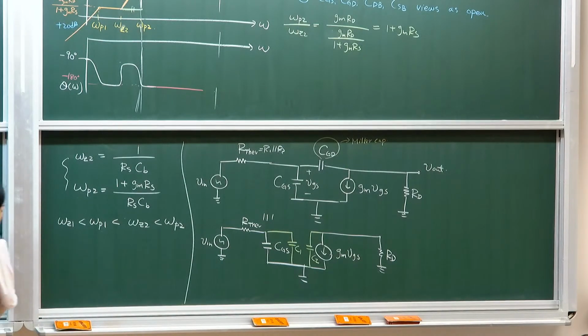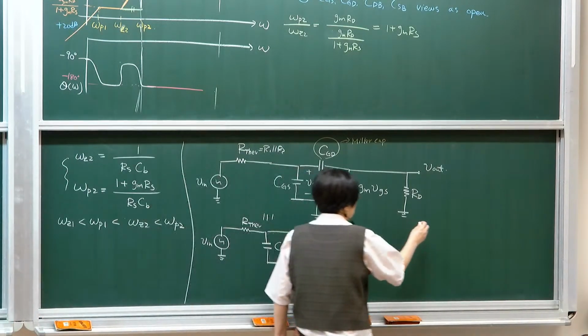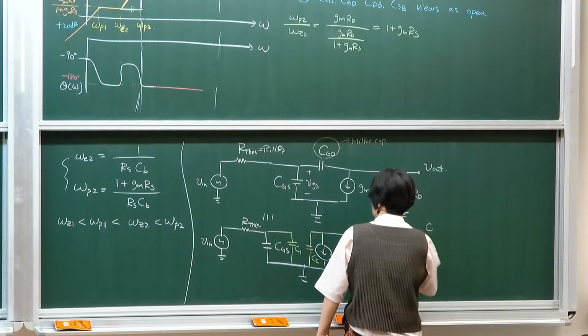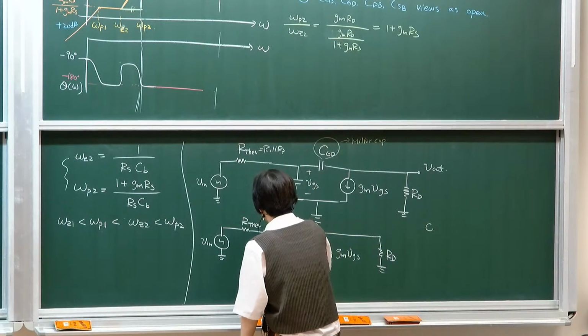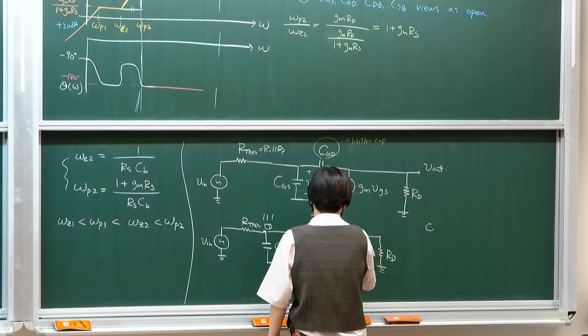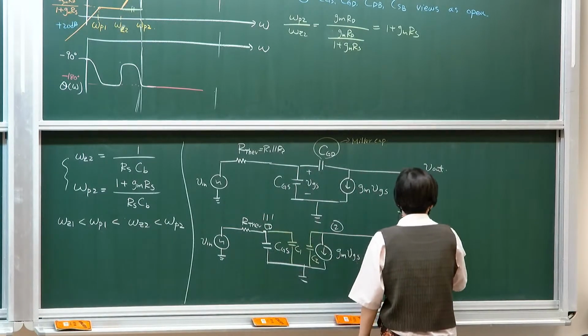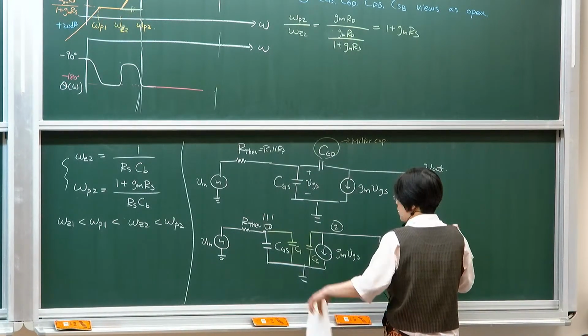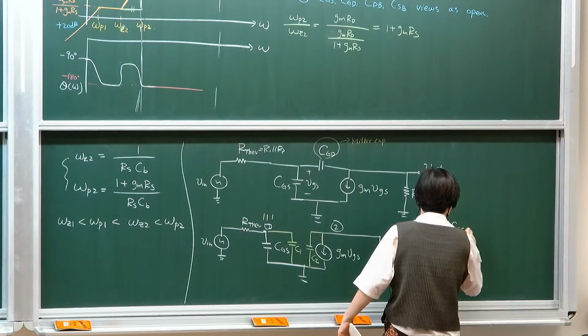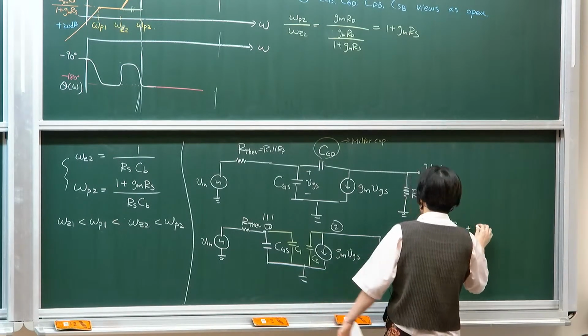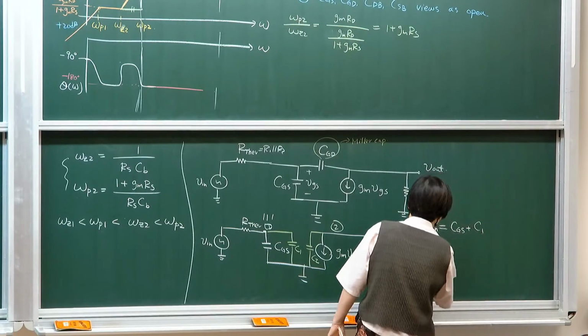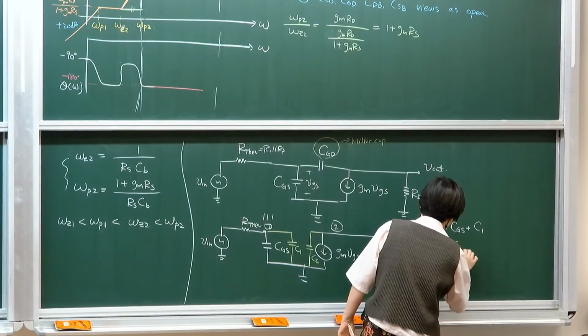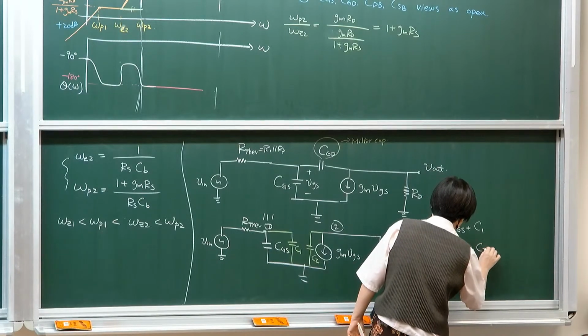So from the input terminal, from, I should say, node 1, there's node 2. From the input terminal, my overall capacitance will be CGS plus C1, while at the output terminal I will get CGD plus C2.